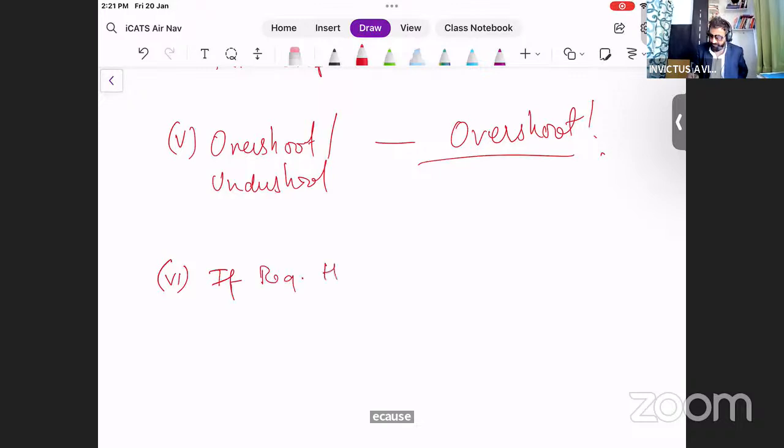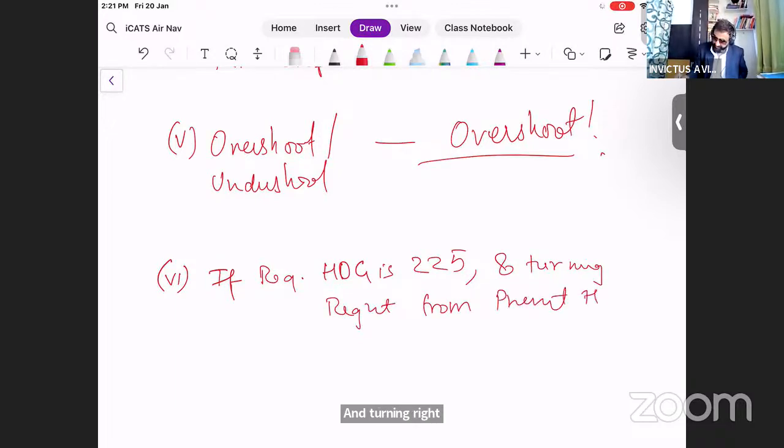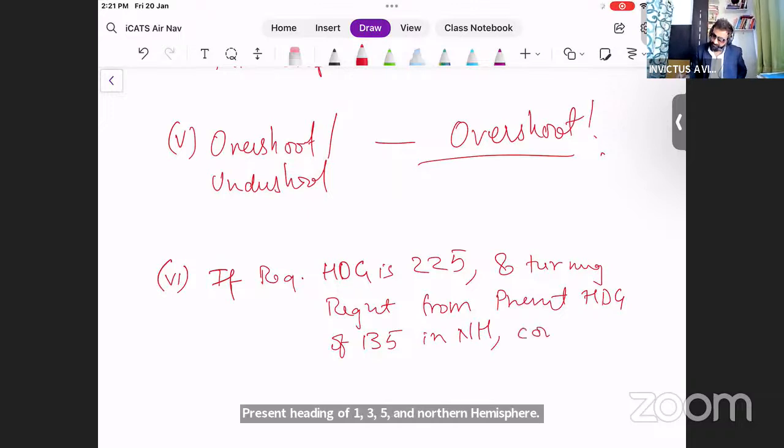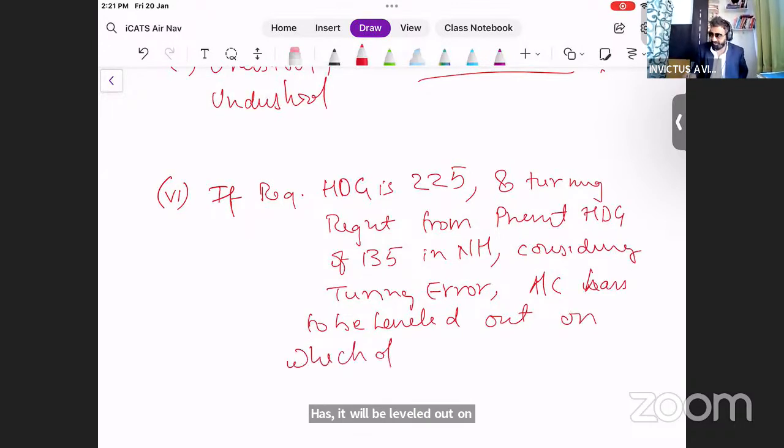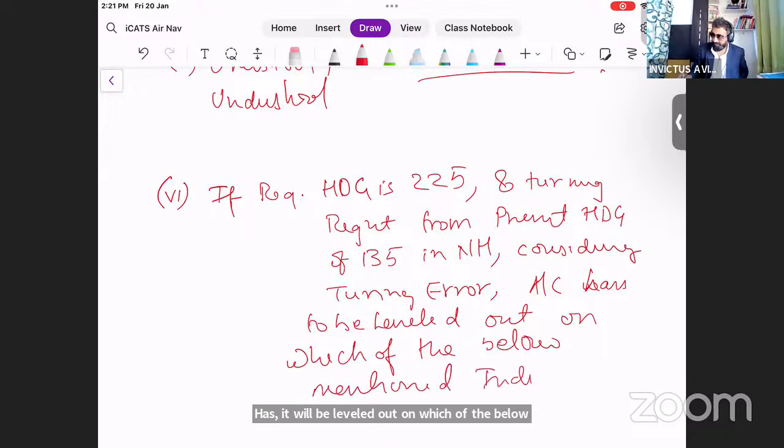If the required heading is 2 to 5 and turning right from a present heading of 135 in the northern hemisphere, considering turning error, the aircraft has to be leveled out on which of the below mentioned indicated compass headings.